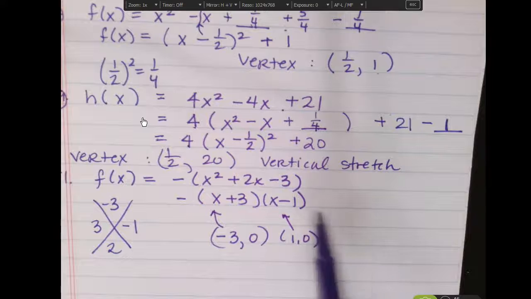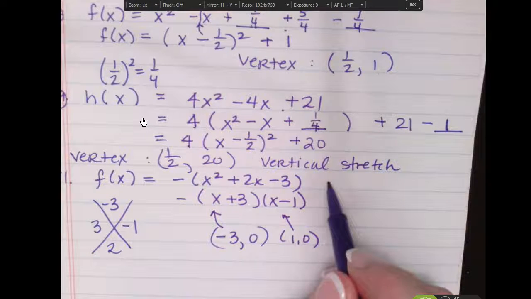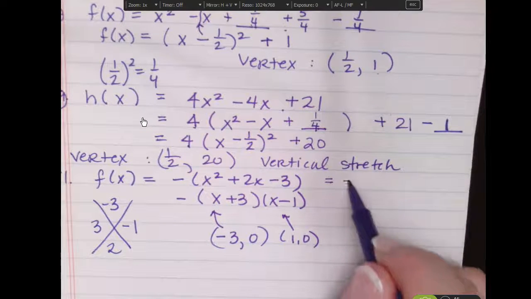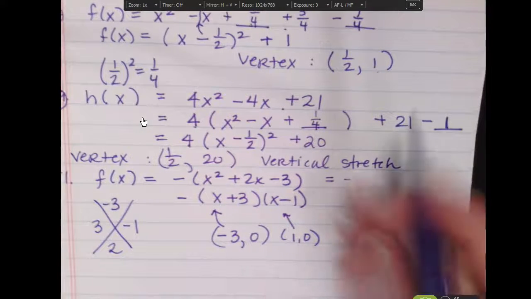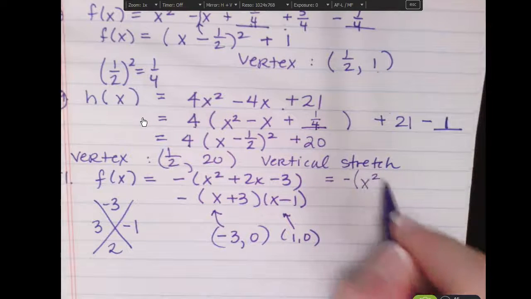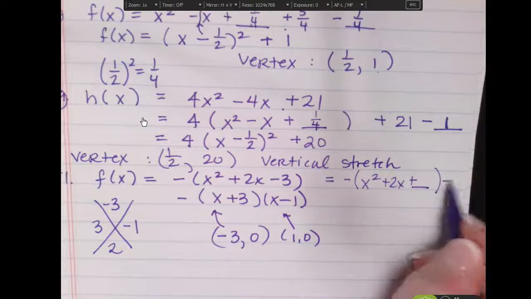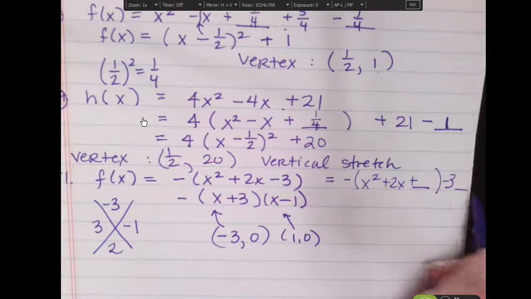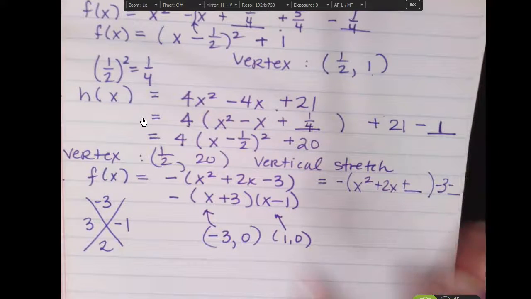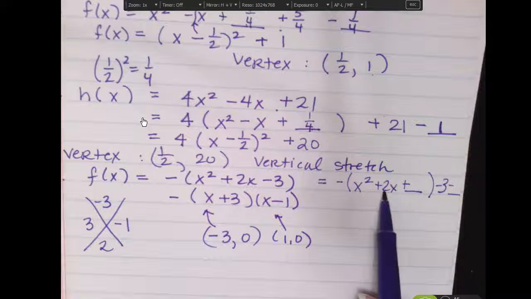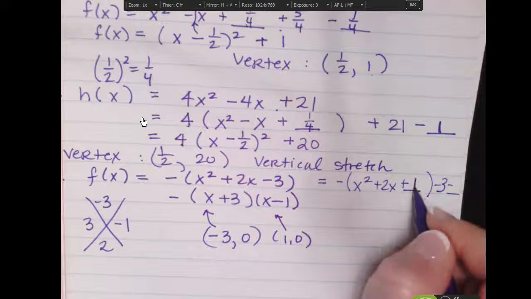Then let me go ahead and get it into factored form by completing the square. So I'll do negative x squared plus 2x, and then I'll leave a space. Then I've got my minus 3 out there and another space. So to complete the square, cut this in half. 2 divided by 2 is 1. 1 squared is 1.